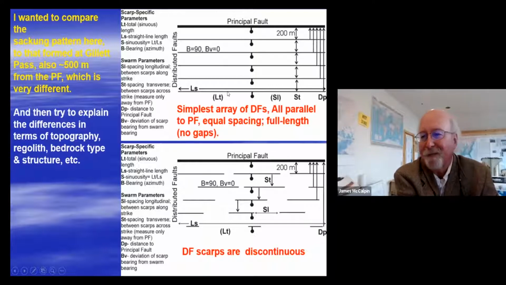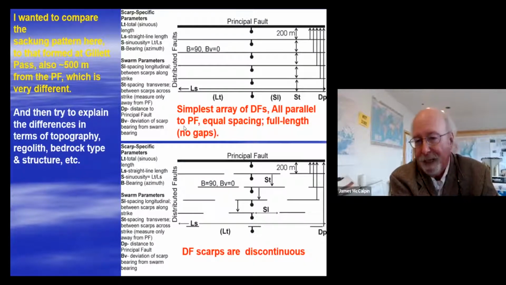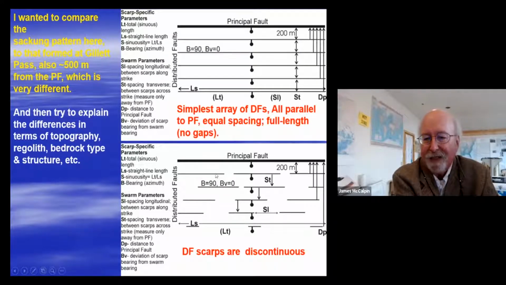This would be the simplest possible geometric arrangement. That's not really what distributed faulting looks like, and certainly not what my sackungen array looks like. Obviously, the distributed faults in that array have gaps in them along strike.